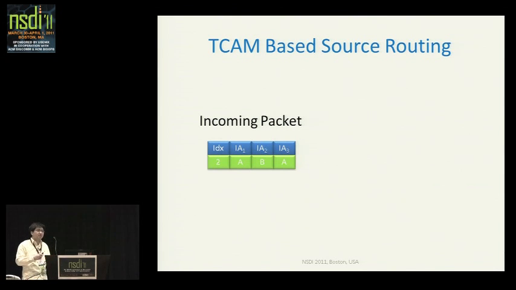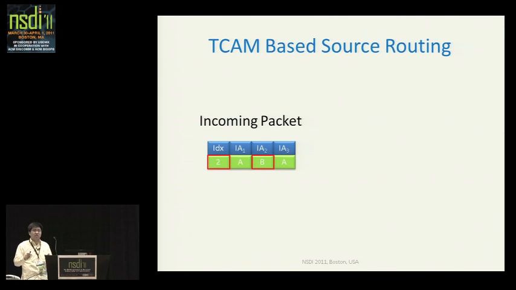So for source routing, the source encodes an index and a set of intermediate addresses in the packet headers. And the switches along the path will use the intermediate addresses one by one. So basically, when a packet comes into the switch, it will first extract the index and then extract the intermediate address based on the index, and use the intermediate address for table lookup.